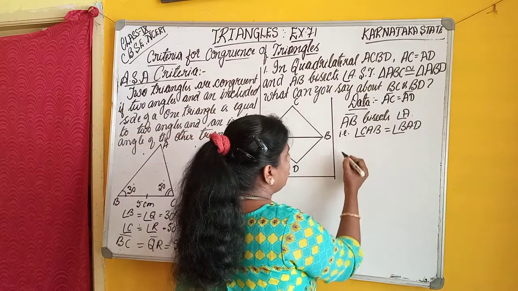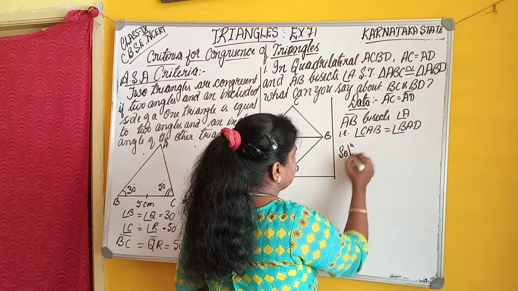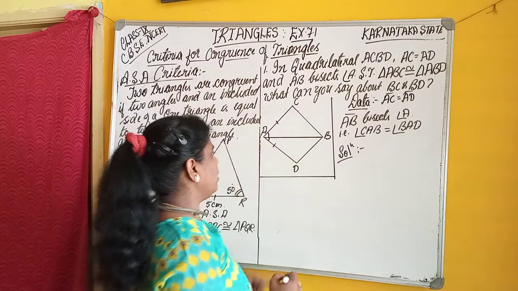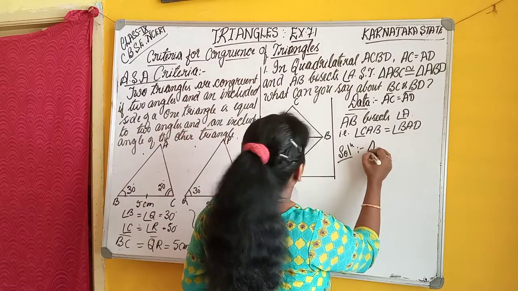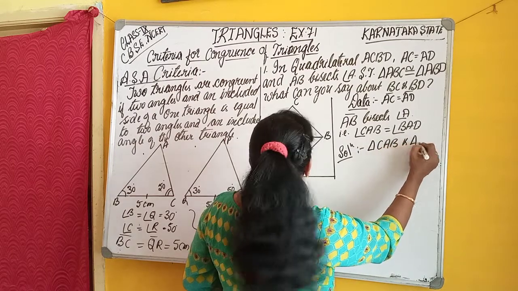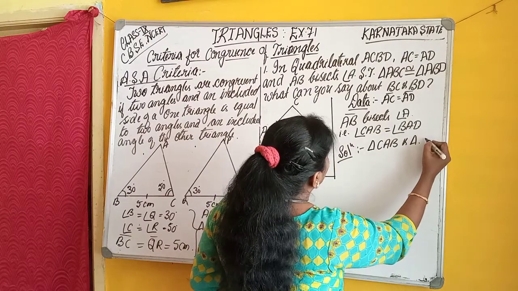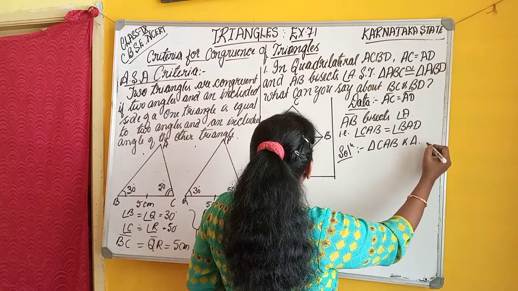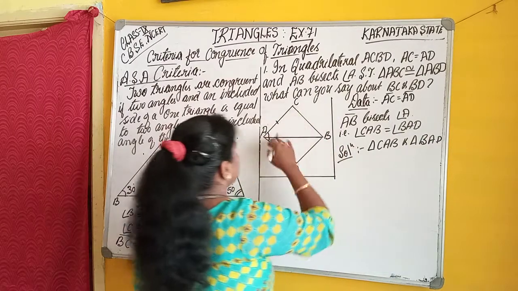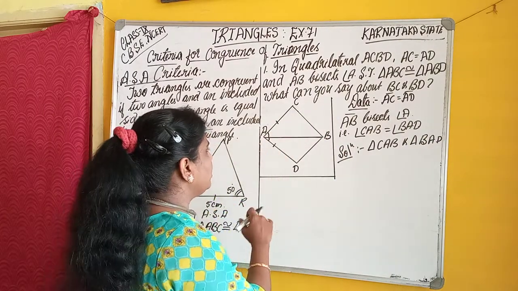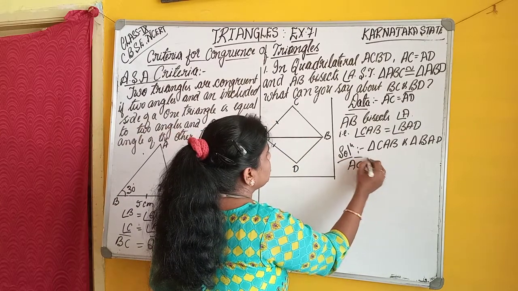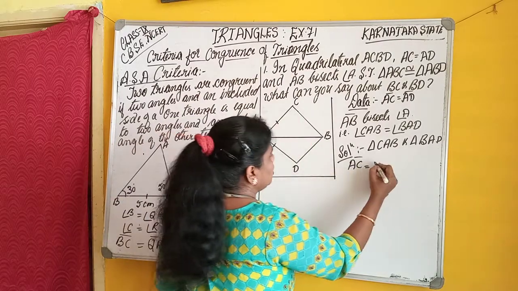Now the solution. In triangle CAB and triangle BAD, that is in the two triangles ABC and ABD, we can take all these things. AC is equal to AD.